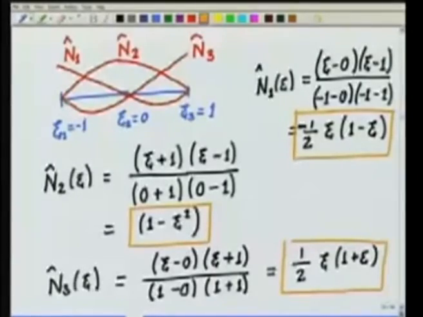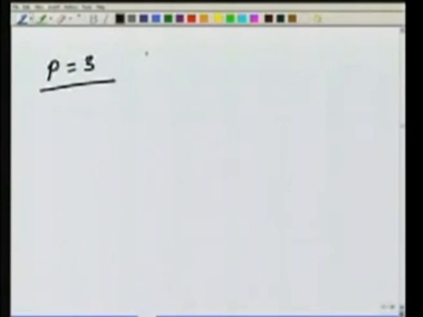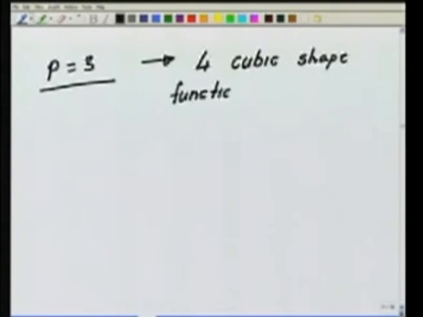So the same job can be done now for the cubics. So for p equal to 3 also we can define the 4 cubic shape functions in the master element.